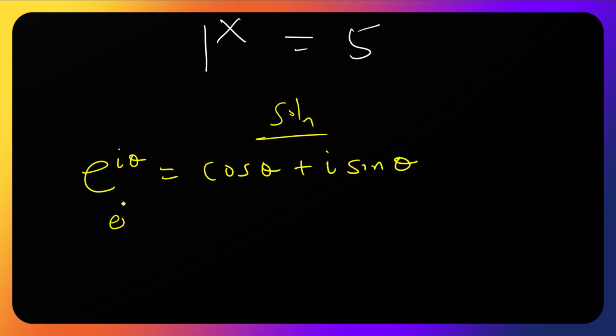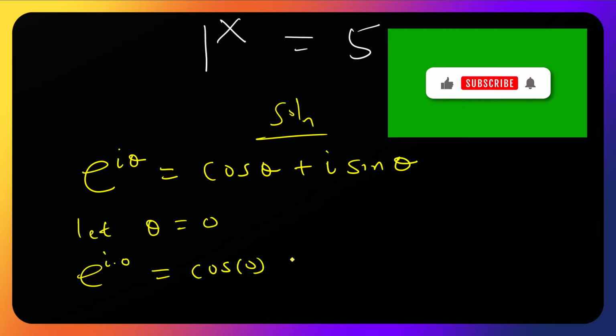Now let's let theta equal 0 and see what happens. Once I plug in 0 here, this side will be i times 0, and this side will be cos 0 plus i sine 0.